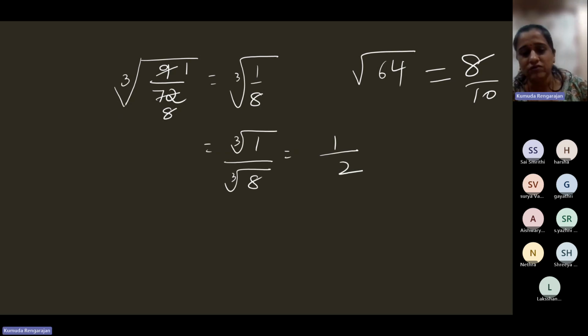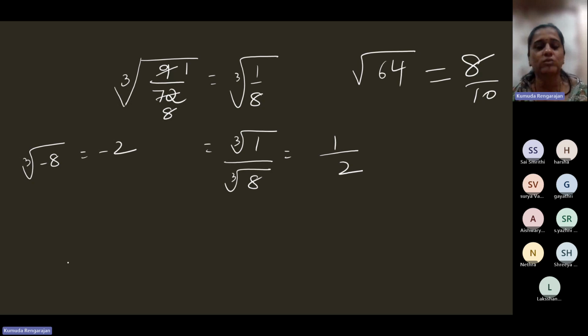And if you can recall from last year, cube root can be positive or negative. The cube root of 1 is 1. The cube root of 8 is 2.